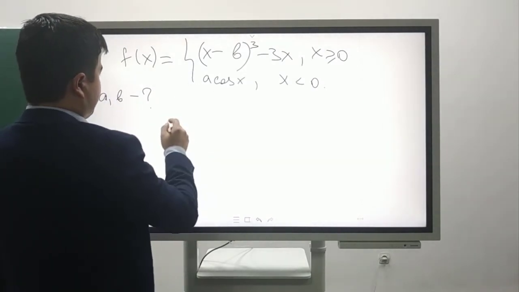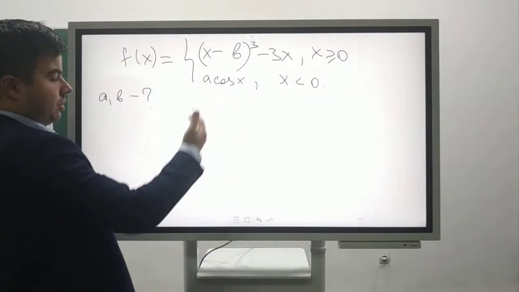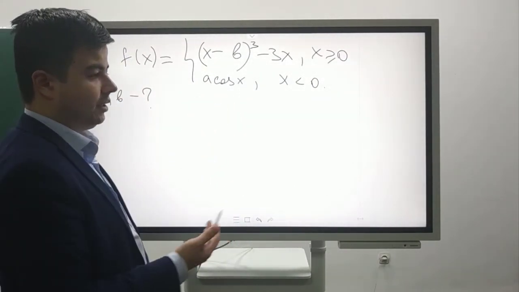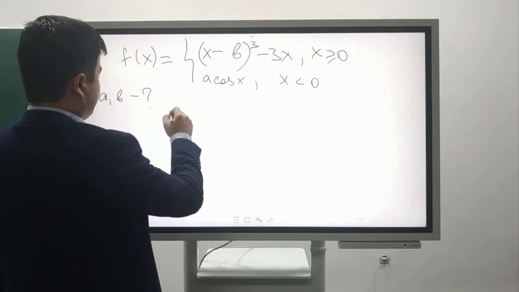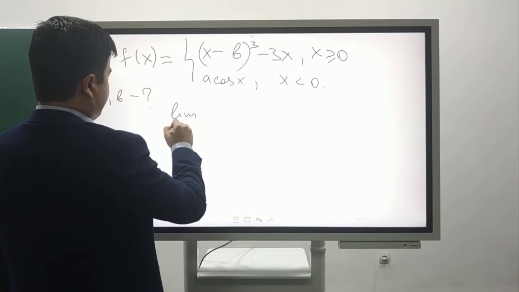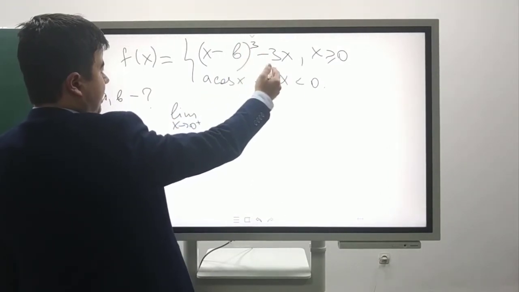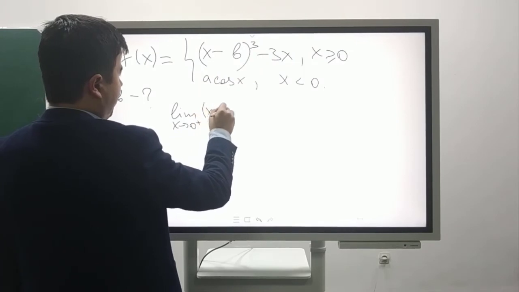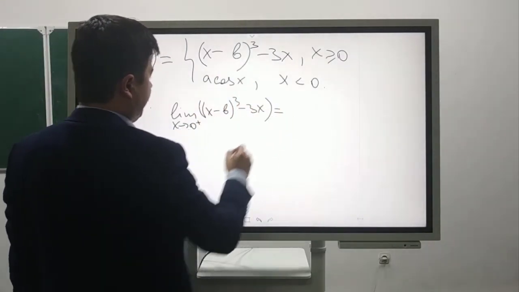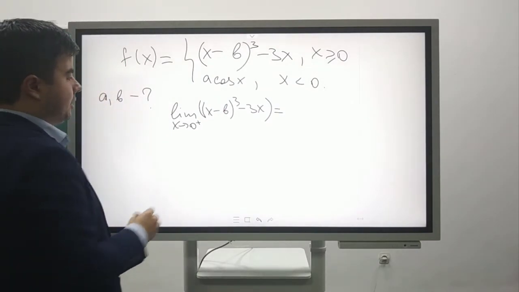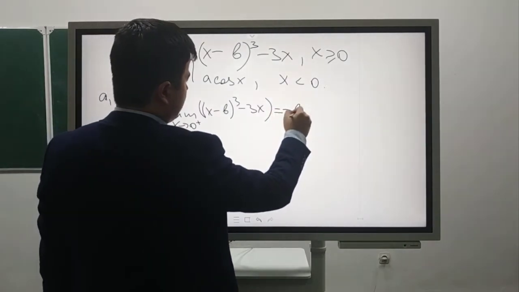Okay, let's do this example, and it will be more clear. Firstly, let's check the continuity. Let's find the one-sided limits. The limit as x tends to 0 plus, the right side limit, uses the first function, x minus b cubed minus 3x. If we put in 0 plus, it is 0 minus b cubed.